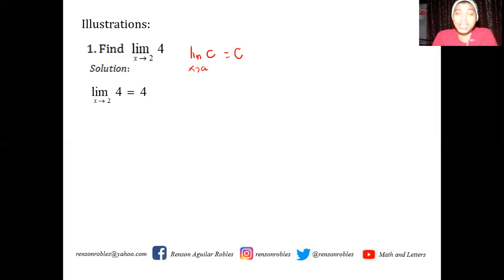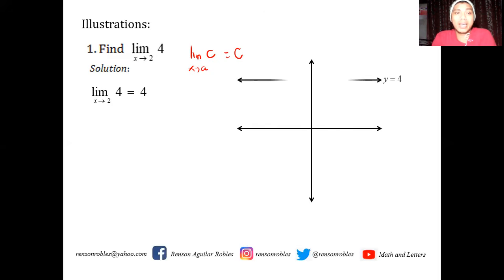And this can be thought of geometrically like this. Say this is your line y equals 4. And then we choose a number, 2, since the limit of 4 as x approaches 2.